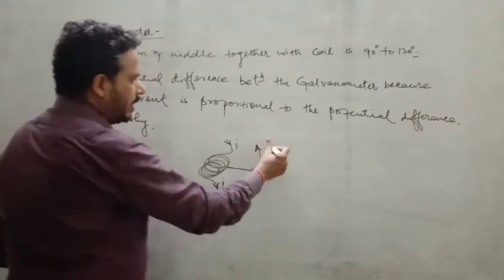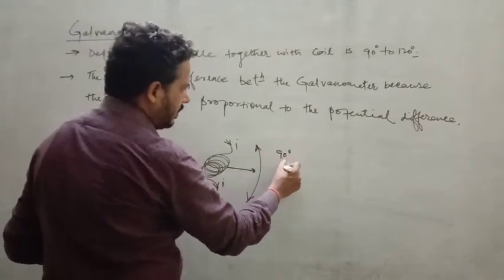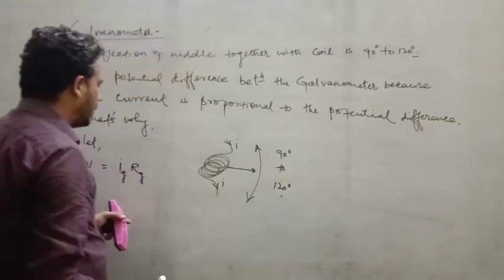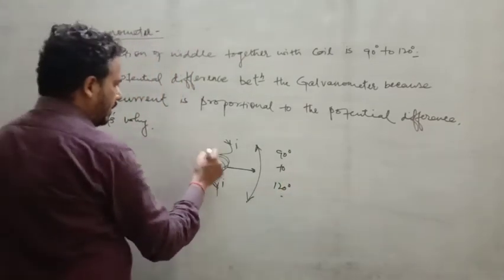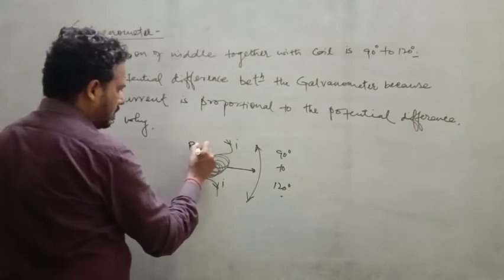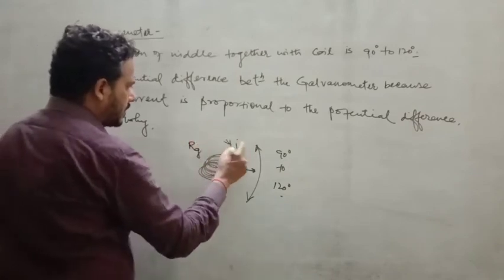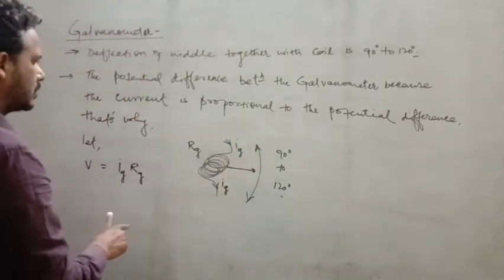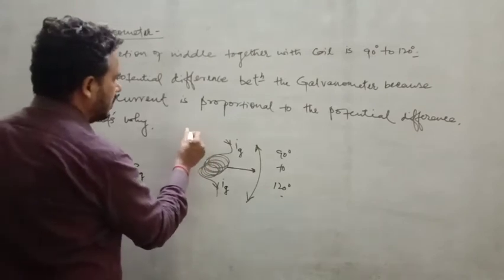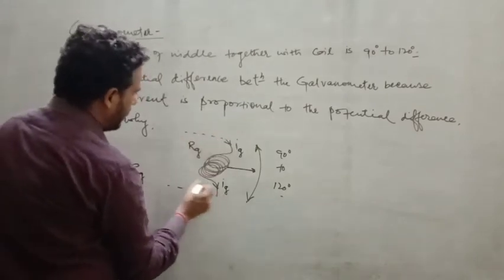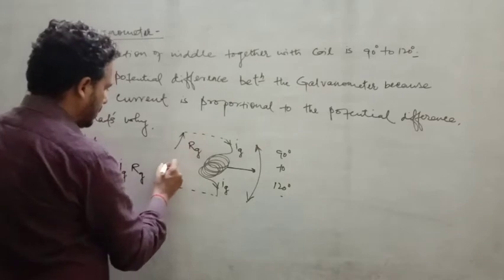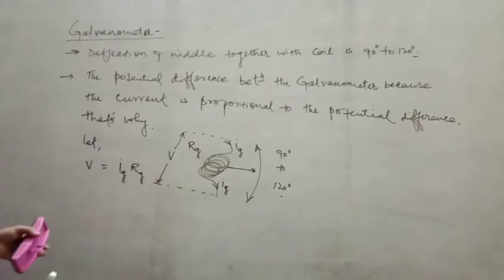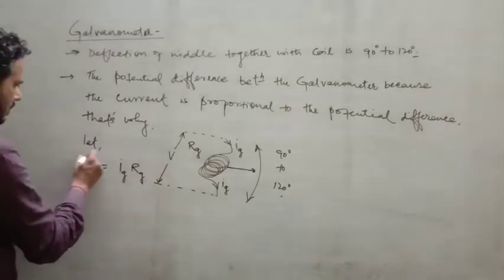Its deflection is from a maximum of 90 degrees to 120 degrees. This coil has resistance R G, and this current is called Ig. Here we have taken its potential difference V.